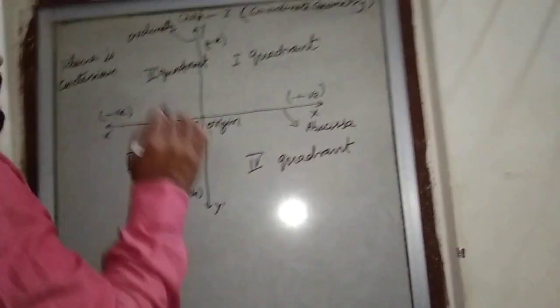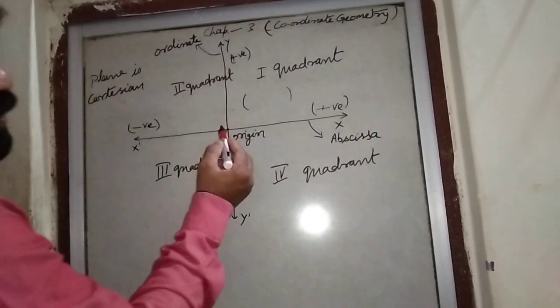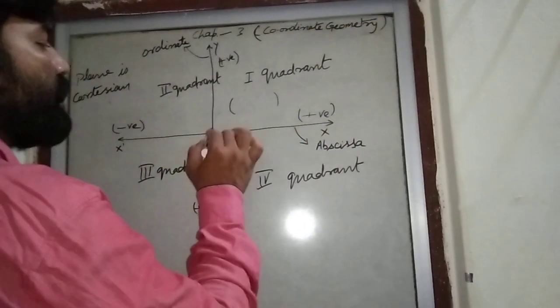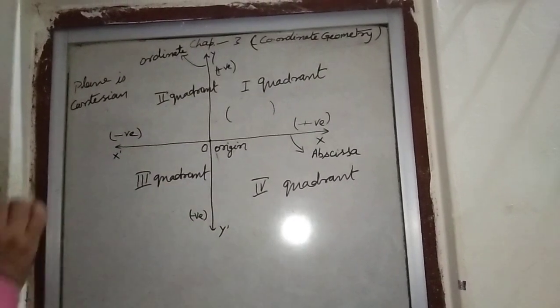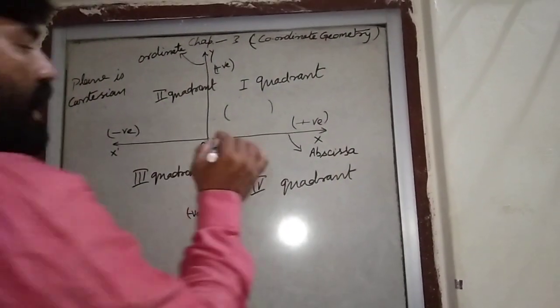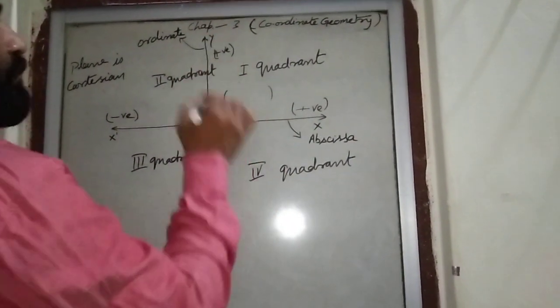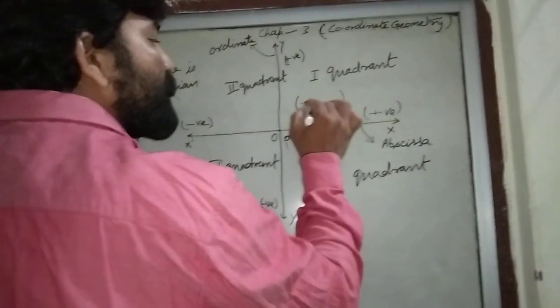And if any point lies in the first quadrant, then we know that the value of x is positive and y is also positive. And if we want to write the coordinate, then firstly write the value of x and then the value of y, because here both x and y are positive.